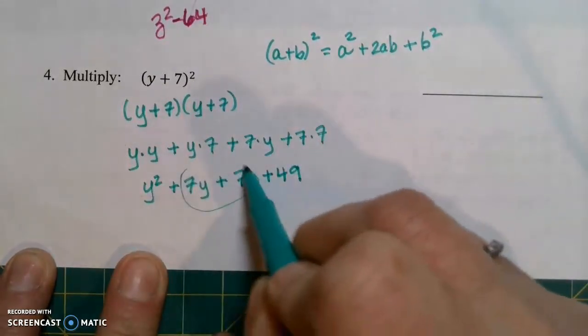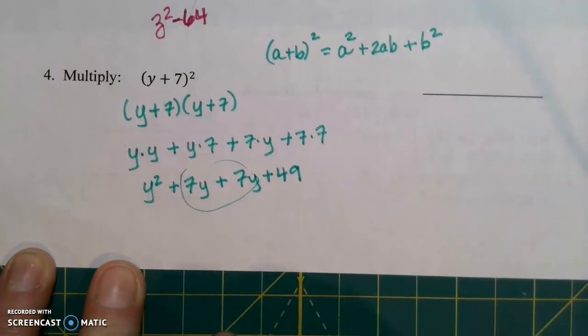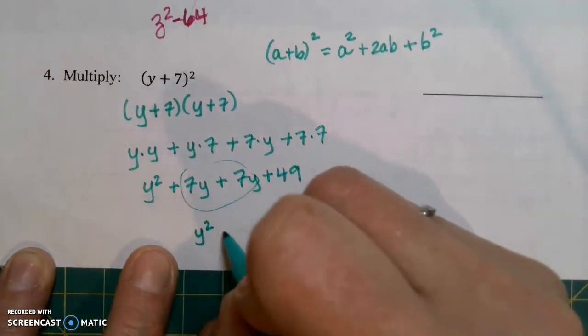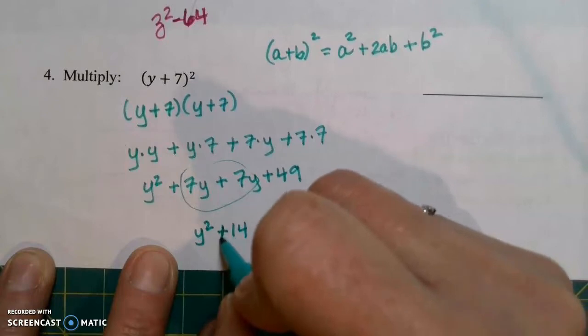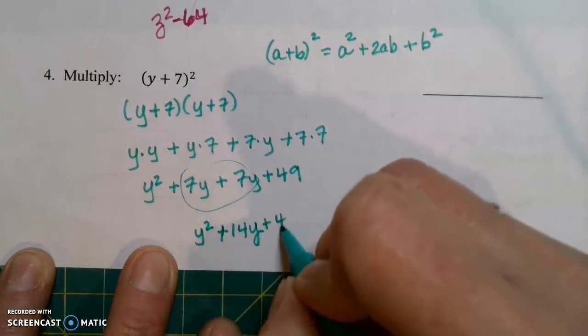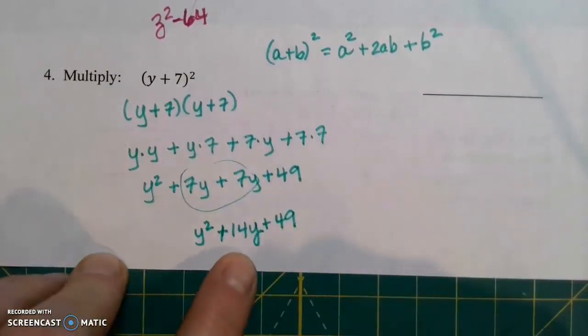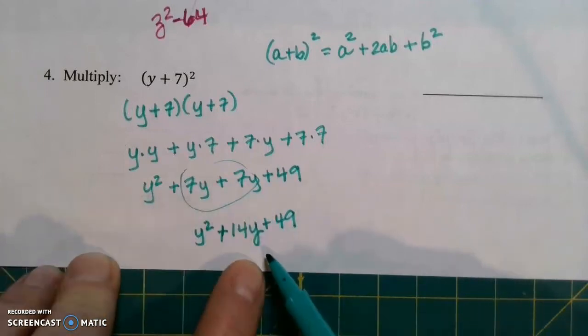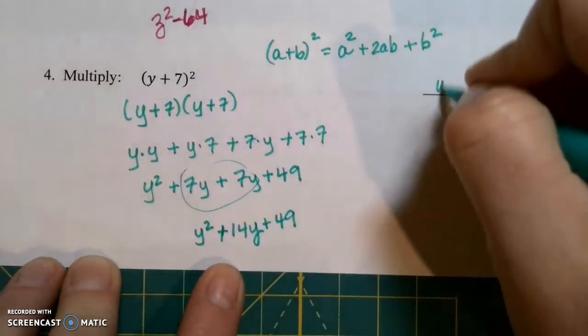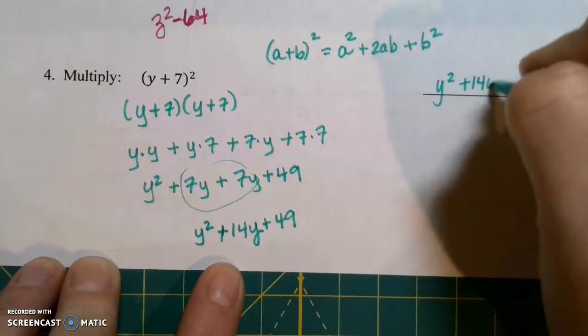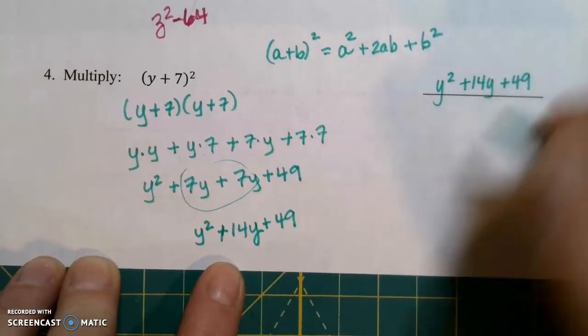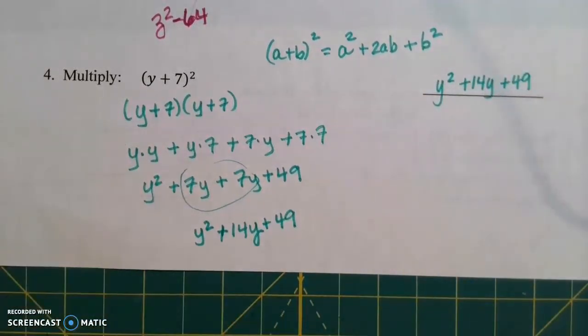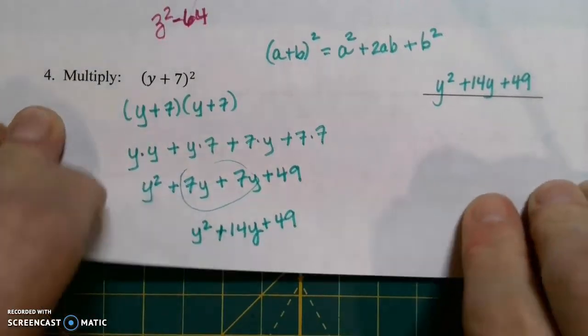Those middle terms are like terms, and they add together instead of canceling each other out. So they end up doubling there, right? We get 7y and 7y. That doubles to 14y. So y squared plus 14y plus 49 would be the best answer for this.